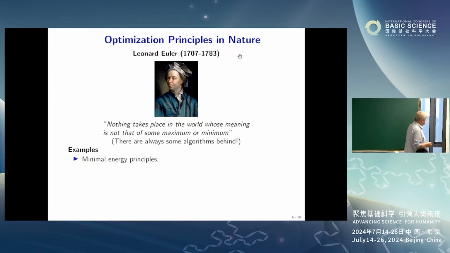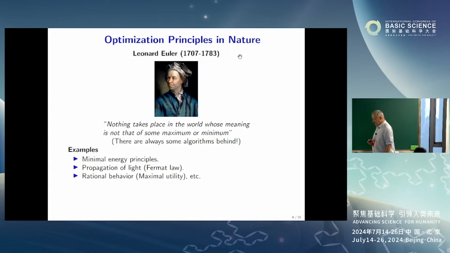So minimum energy of light. So Fermat law, consumer, which is important, and many. And the consequences there is the corresponding.